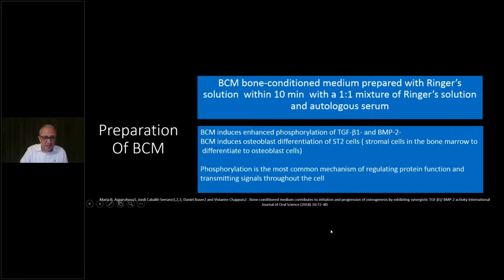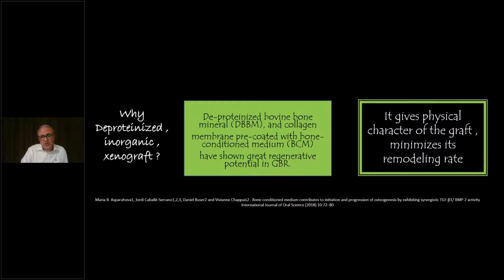It has been studied by Maria, Daniel Boozer, and many others. It induces a phosphorylation that stimulates regulation of protein function, transmitting signals throughout the cells that probably boosts osteo regeneration.